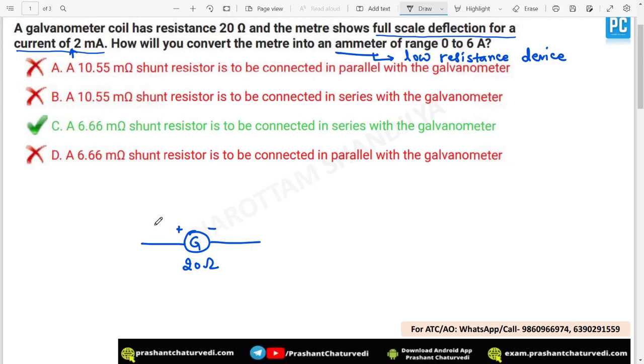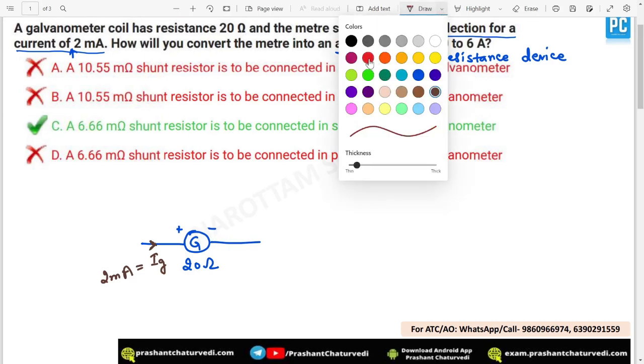Whatever the 2 milliampere full deflection is, that should at least go through this galvanometer. I am representing that 2 milliampere as Ig, but I want this galvanometer to work as an ammeter. So see very carefully, it is very important right now.